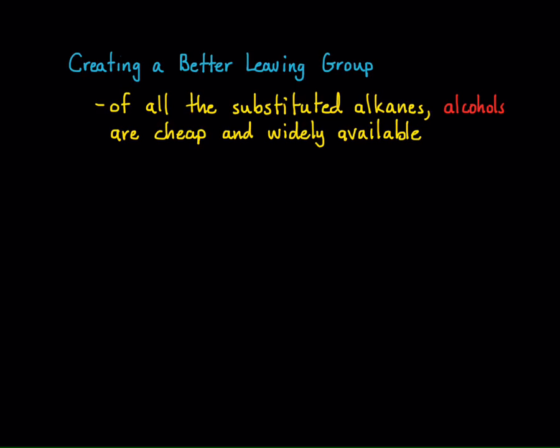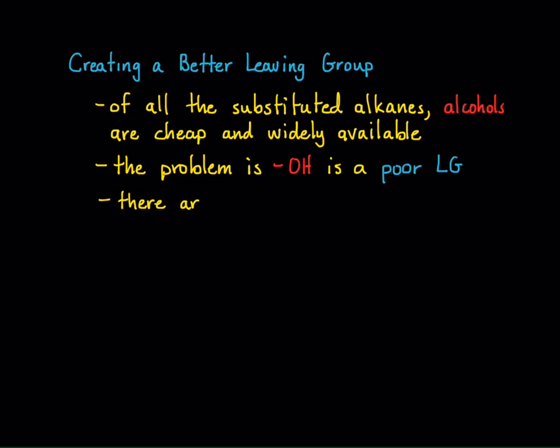But we saw in that table that alcohols have an ROH group. So the OH group is the problem, right? Because that OH group is a poor leaving group. But if we could make it into one of the better leaving groups, then we could do substitution reactions on it. And it happens that there are many ways to circumvent this problem.